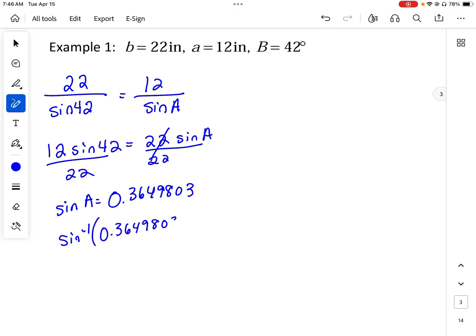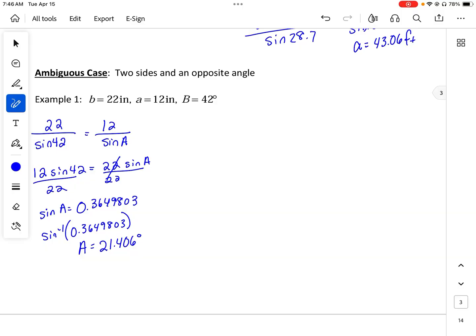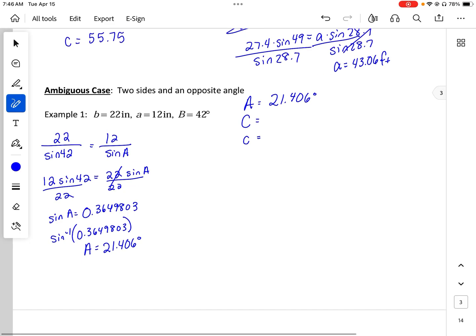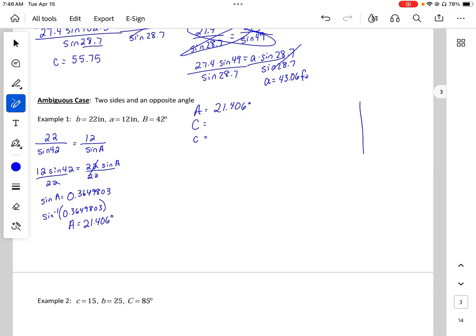In order to find an angle, we use the inverse sine of that number. Put that in, and angle A is 21.406 degrees. So we want to find angle A, angle C, and side C. We found angle A.